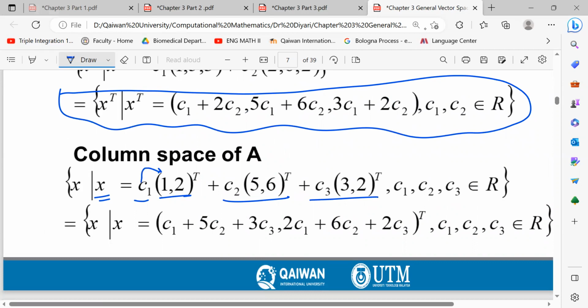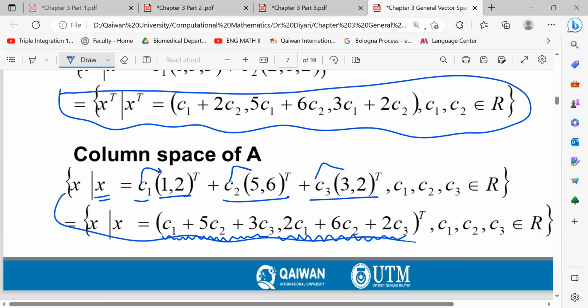Now we introduce C into the brackets. And then we add all first components together, and then all second components together. We get C1 plus 5C2 plus 3C3, and 2C1 plus 6C2 plus 2C3, transpose.